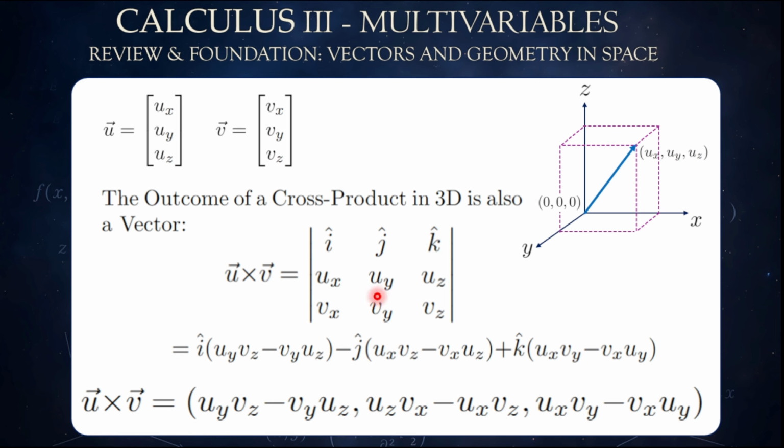So you leave them out, then you multiply (ux vz minus vx uz), then plus k times (ux vy minus vx uy). So u cross v is equal to (uy vz minus vy uz) i, minus (ux vz minus vx uz) j, plus (ux vy minus vx uy) k.